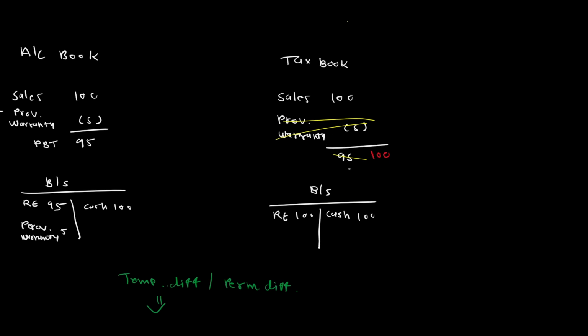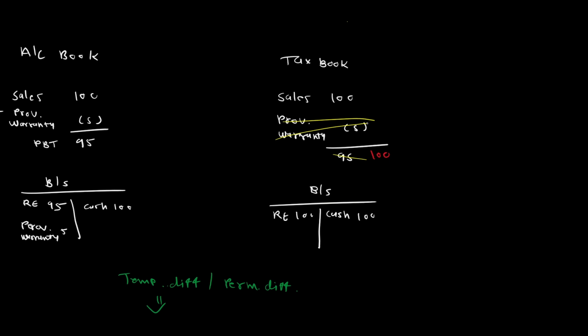The government will come and say that you can't show the provisional liability of rupees 5 as you have not paid your liability in this year. You can't deduct what you have not paid. When you pay your warranty, then that year you will show it.